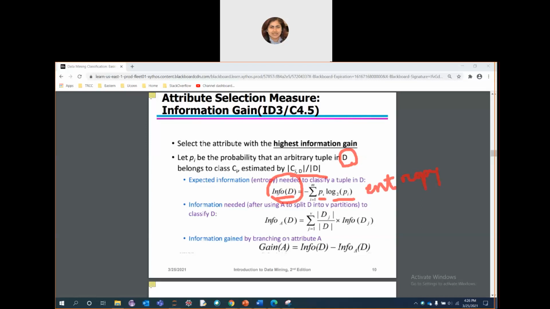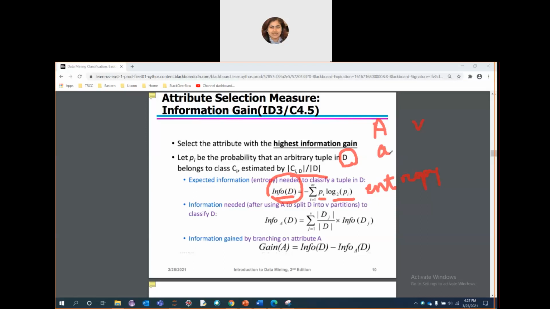Now let's move on to the next formulas, which are also important. Suppose next we have to partition the tuples in the dataset D on some attribute A having B distinct values.